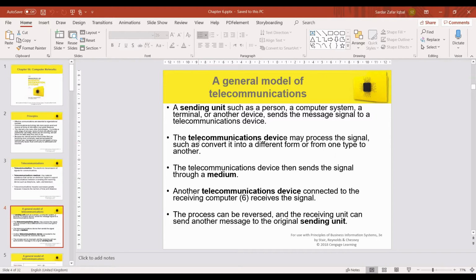So some devices in networks are very important because they convert the form of the data so that it will reach to the destination and can be understood. Okay, so once the sender sends the signal to the telecommunication device, it will convert into another form, for example, from digital to analog or analog to digital.